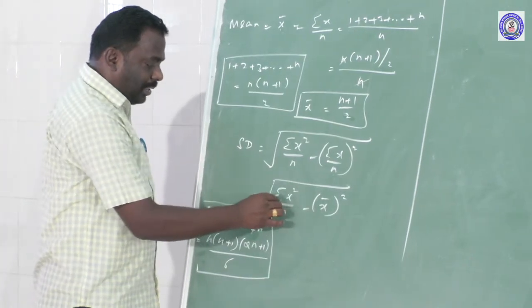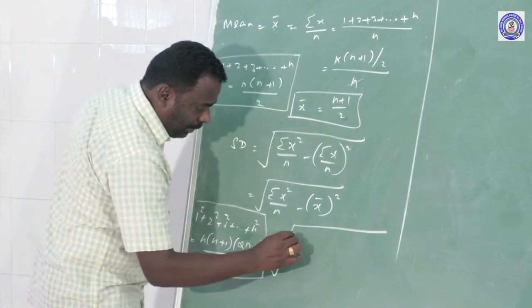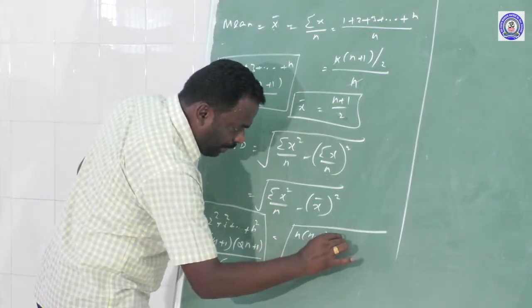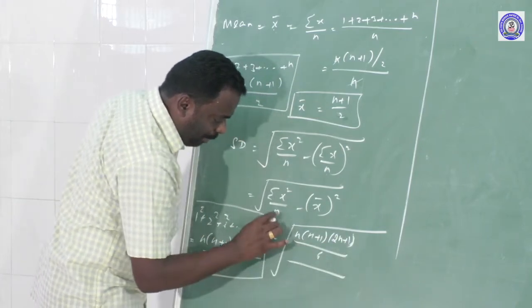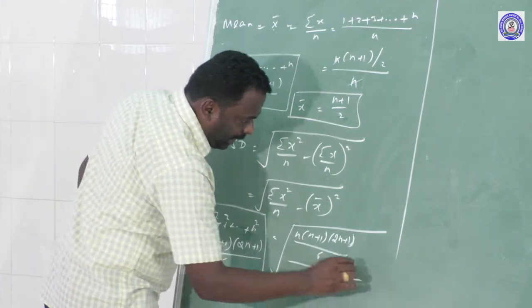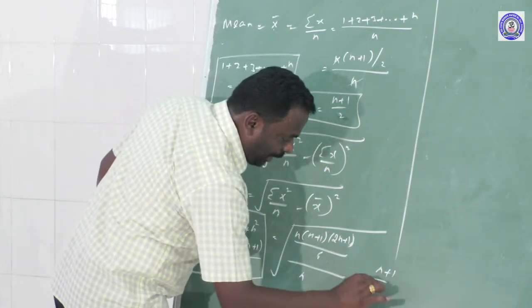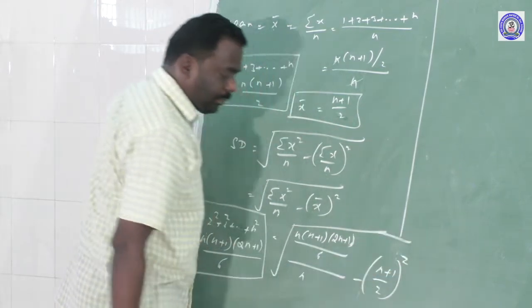Now just replace the sum of n squares value. That is equal to the square root of n into n plus 1 into 2n plus 1 by 6, all divided by n, minus x bar, where x bar is n plus 1 by 2, whole square.